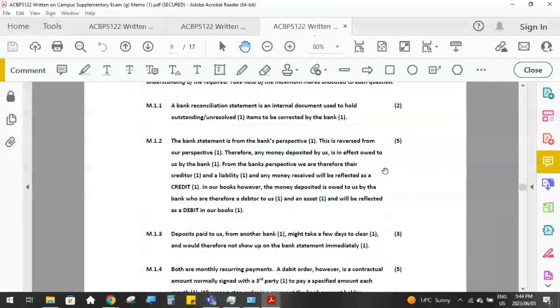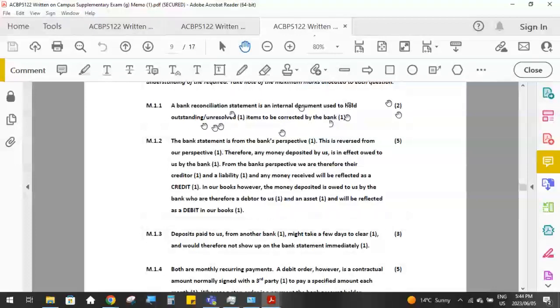So the first question was, what is a bank recon? A bank recon statement is an internal document. In other words, it's the company's own document, but remember, you can use your own language to record any outstanding or unresolved items that the bank has to correct.